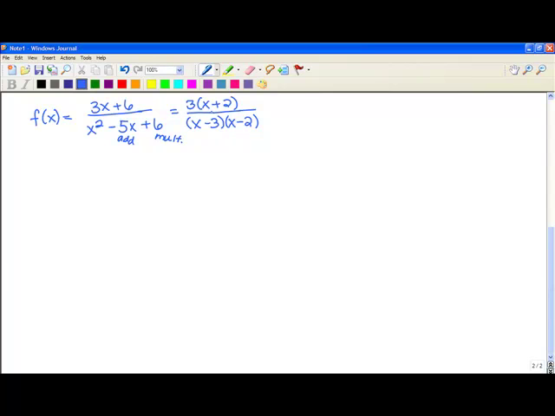Now nothing cancels out here with the function. So we'll go ahead and find the domain by setting the denominator equal to 0. And then set each factor equal to 0. So we get 3 and 2 for the numbers that are not included in the domain.